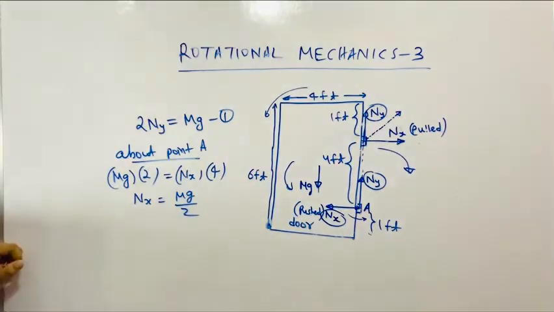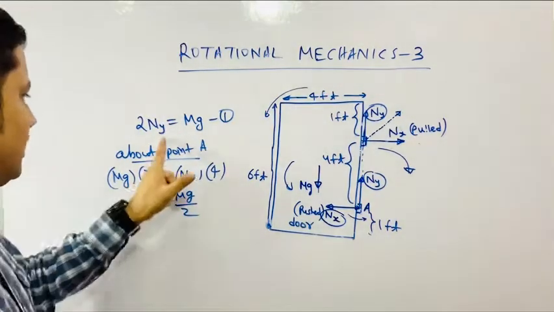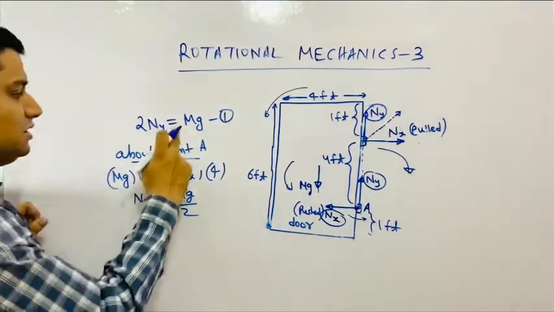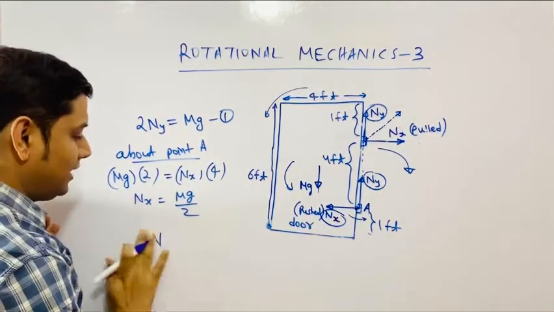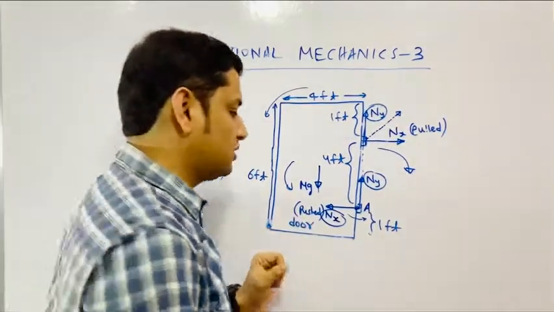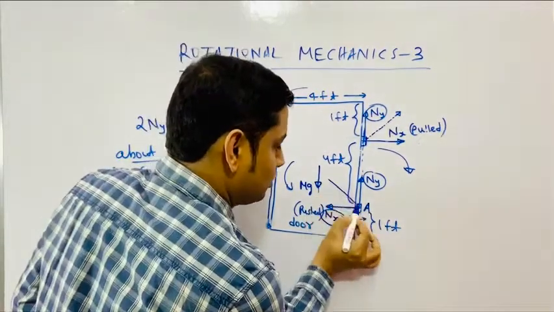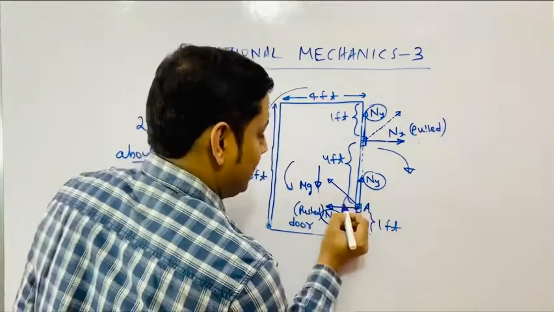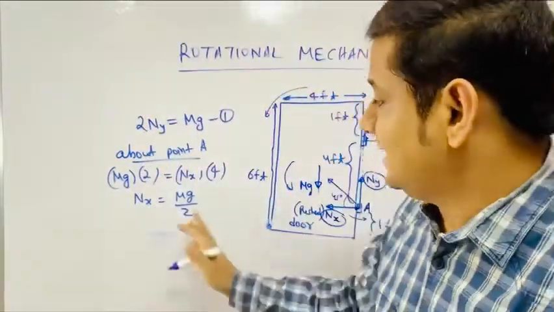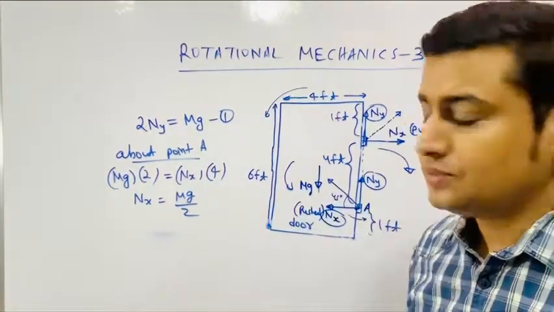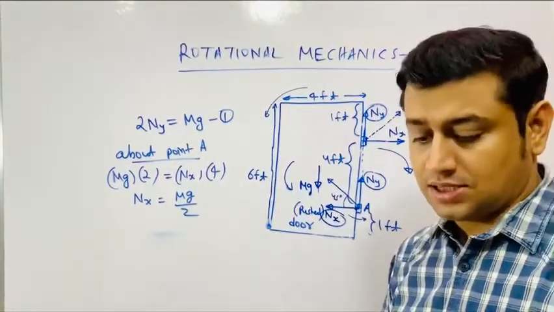You would get Nx equal to mg by 2 and Ny also equal to mg by 2. So net force is mg by 2 root 2 at an angle of 45 degree, because Nx and Ny are the same. So that you can get in this case.